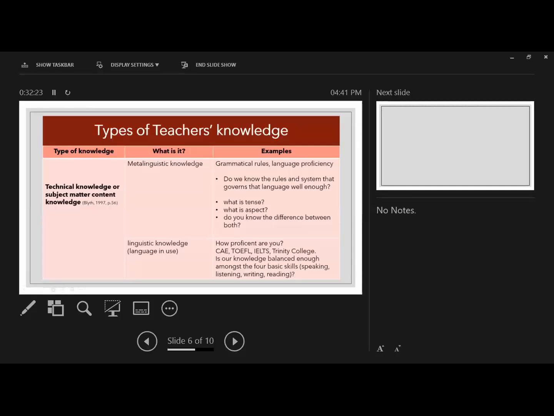So the question comes up, do we know the rules and system that govern that language well enough, right? Or am I just trying to come and teach English without knowing how it works? Because one thing is being able to speak the language, and another thing is knowing how to write it properly, right?